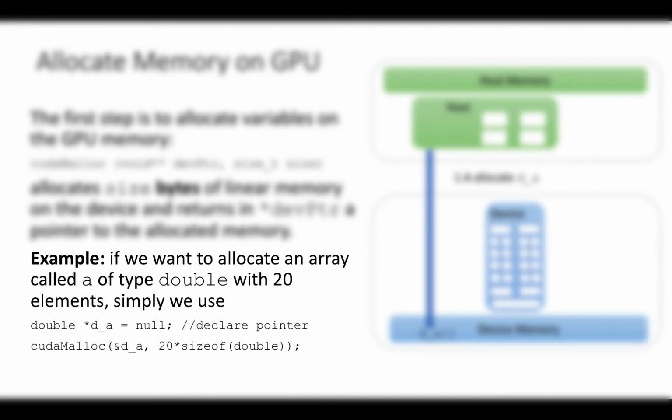We first declare a pointer, d_A, and we use CUDA malloc with the address of that pointer. Remember the pointer to pointer thing. And also remember to give the size in bytes of the array with 20 elements. That will likely be 20 times 8 bytes, that is the typical size of a double. When I use CUDA malloc, I usually forget about the ampersand before the name of the pointer. So be careful with that.